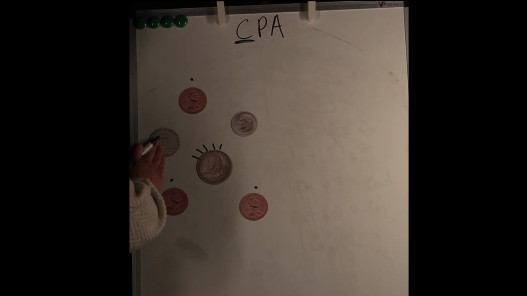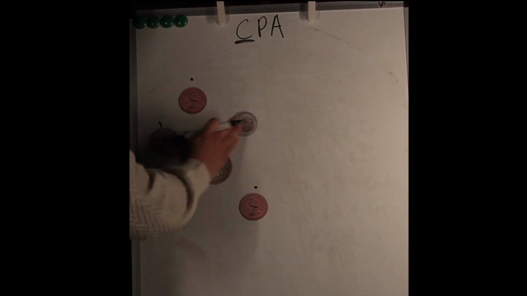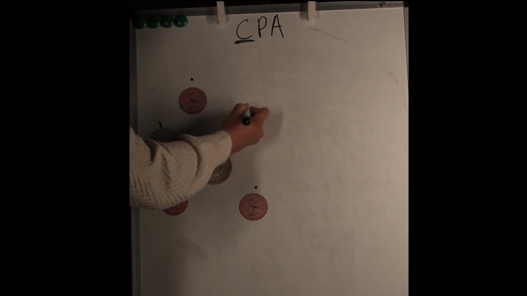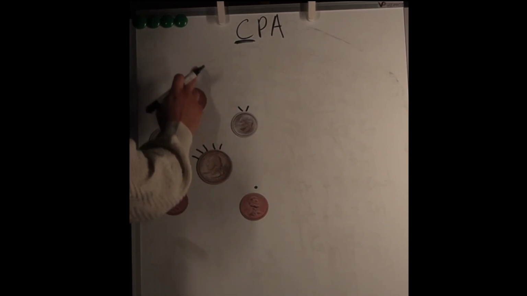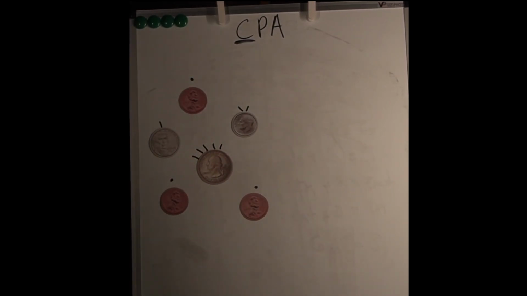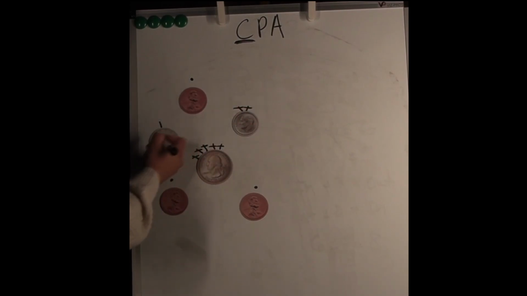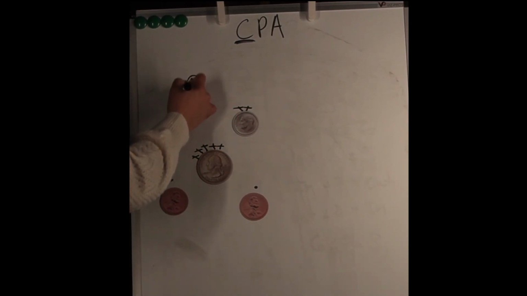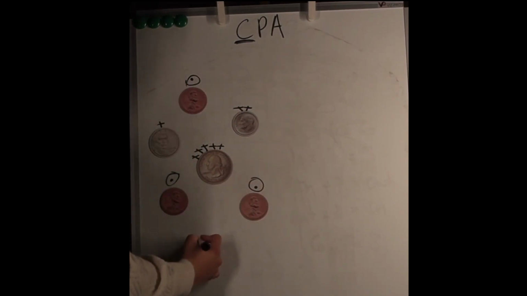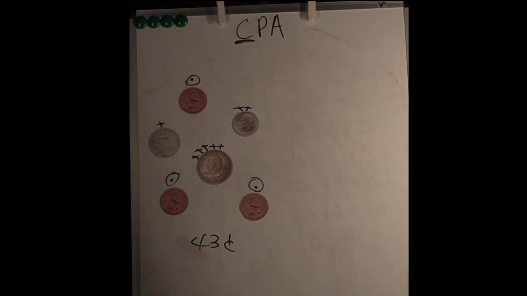And I know that this is worth 5, and I can put 5. And I know that this is worth 10, 5, 10. And then I've got my single dots for my pennies. So what I can do is go through here really quick, and I can count 5, 10, 15, 20, 25, 30, 35, 40, 41, 42, 43, and I know that this is 43 cents.